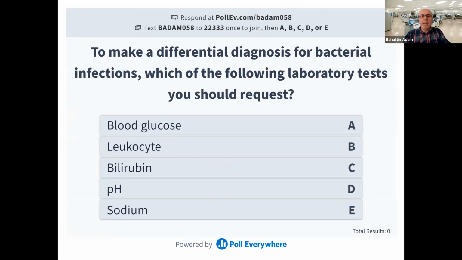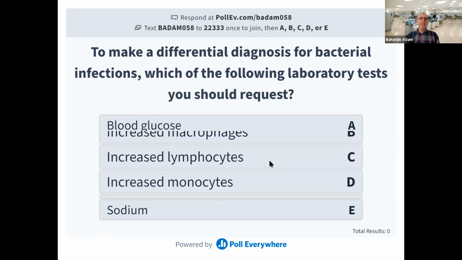Now here, to make a differential diagnosis for bacterial infections, which of the following laboratory tests should you request? Blood glucose, leukocytes, bilirubin, pH, sodium, lymphocyte.